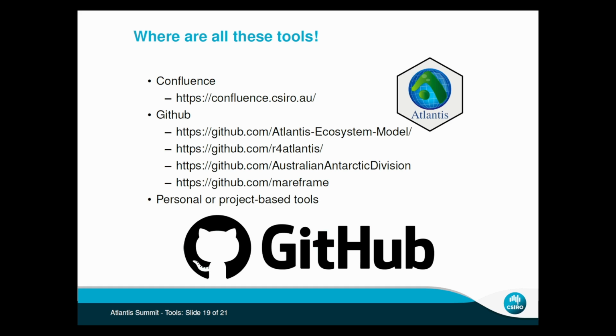We have R for Atlantis. I think we have the Atlantis Summit in that GitHub. Also, the Australian Antarctic Division has quite a few tools that can help to build Atlantis, and then there is the GitHub for Mareframe. And there are quite a few personal or project-based tools that are being stored in GitHub.